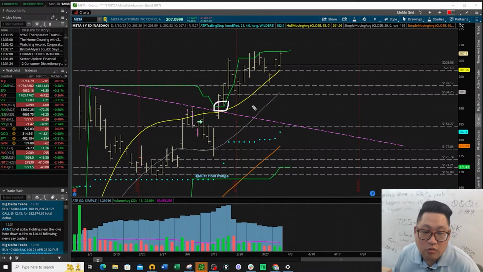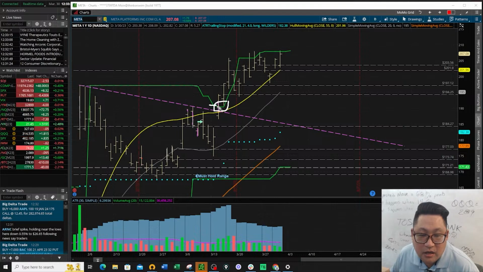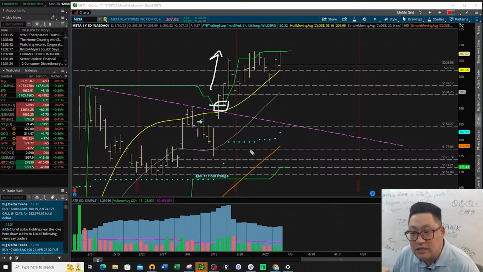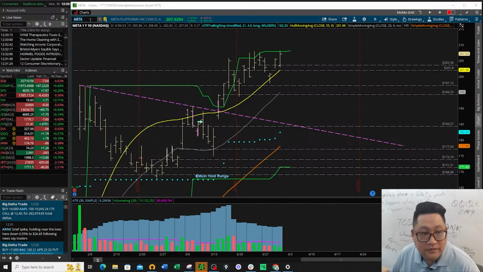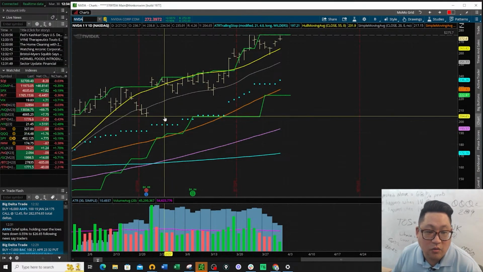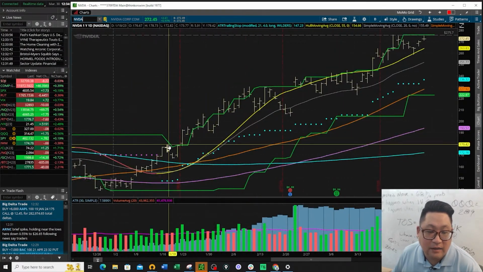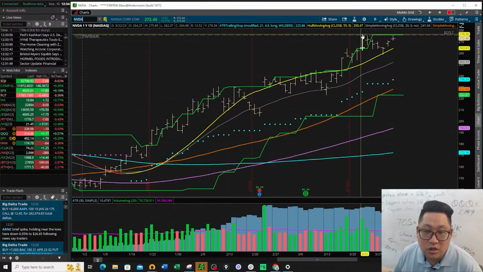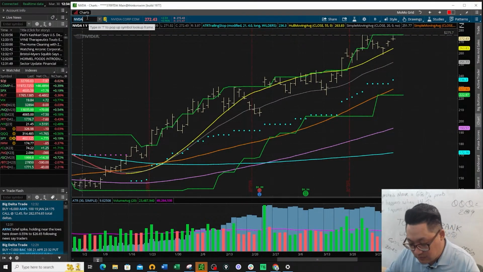But look at right here where Meta held the top of the channel and then exploded, in essence going from 190 to 205 in 2 days. We have seen stocks like Nvidia do the same thing when they break outside the top of the channel. Huge sustained breakouts.